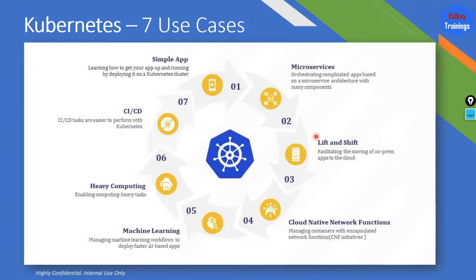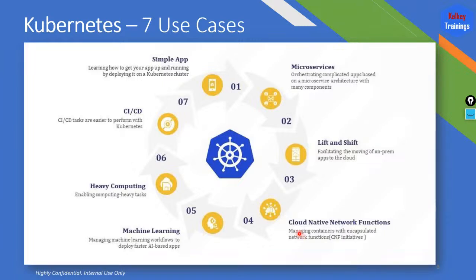So for cost cutting or easy maintenance, the way of migration is very helpful with Kubernetes. It is enabled on the philosophy of lift and shift. You lift a thing and put it there, like you are transferring some data from here to there. Lift and shift is a very famous technology.